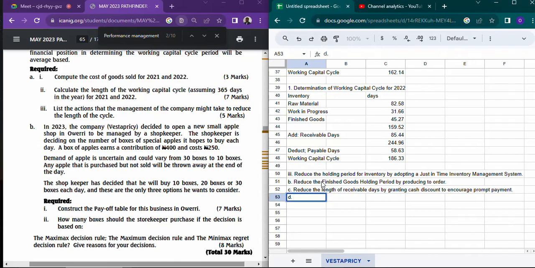Now, there are two types of discounts. We have trade discount and cash discount. Trade discount is a discount given to a customer to encourage them to buy more. That's where you buy five, get one free. So you sell six for the price of five.